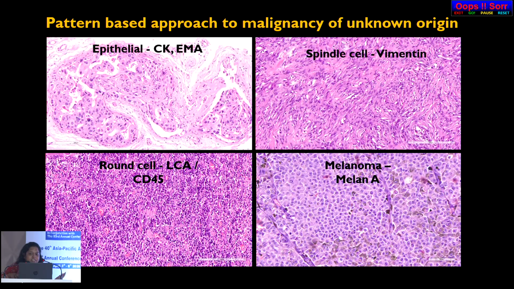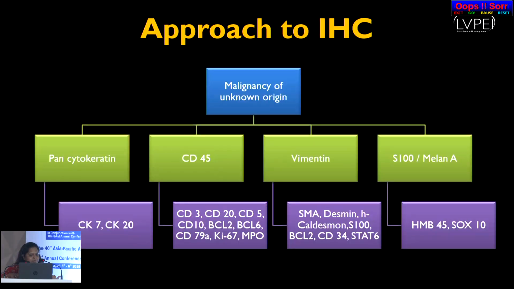If they are spindle, then you order vimentin. If they are round cell, then do CD45 and other hematopoietic markers. And if it is melanoma, then you do Melan A. So this is the basic panel. You do it in panels based on the approach.